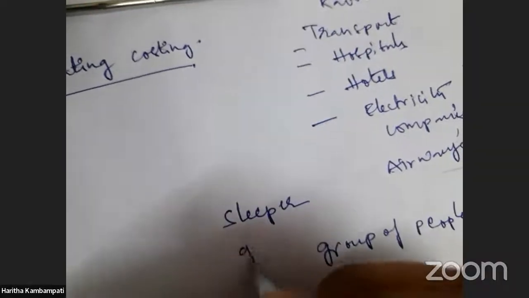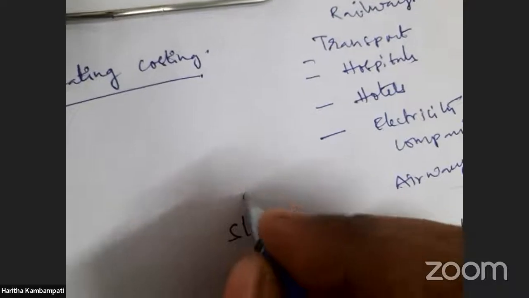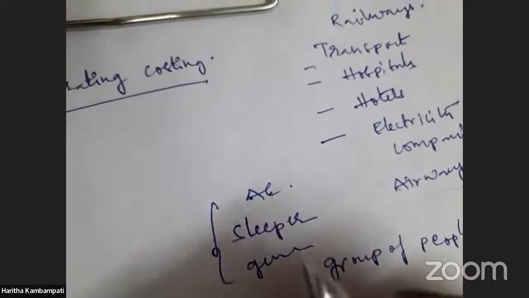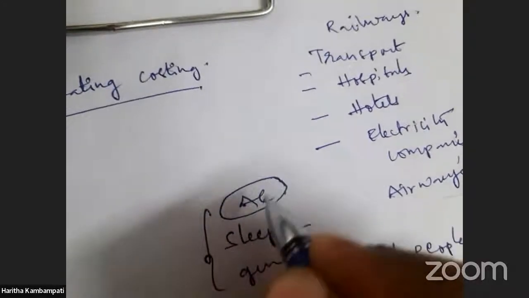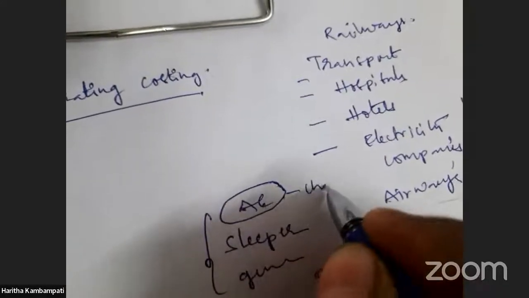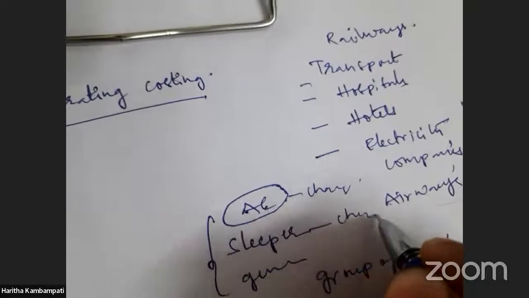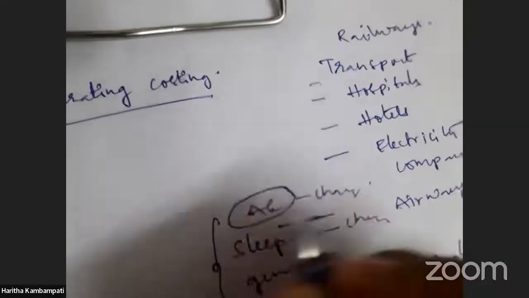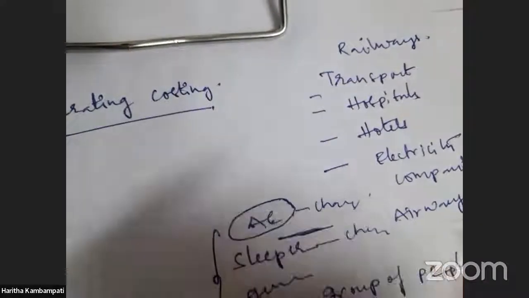Sleeper class, general class, AC, likewise, many services they will be offering. For this category, they will offer one type of fare. So this uniformity among one category. Uniform services rendered to the customers.